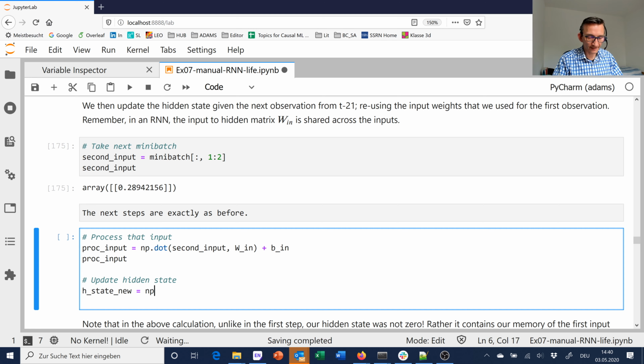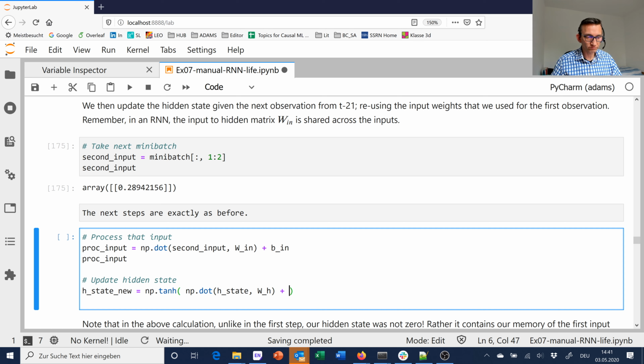which is the hyperbolic tangent of the dot product of the hidden state and WH. That is how we did it before, right? And to that we add our processed input.